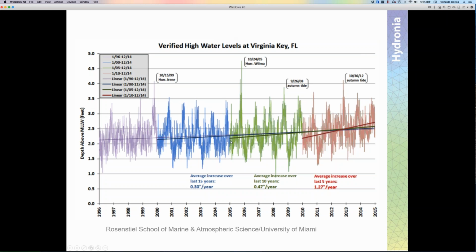Now, this graph is very important. First of all, it's a measurement, and this is in Virginia Key in South Florida. And you see here these extreme events that correspond to hurricanes most of the time. You see hurricanes Wilma, Irene. These events, which are not related to hurricanes, are also very important and are related to tides. So the combination of factors is a big issue here.